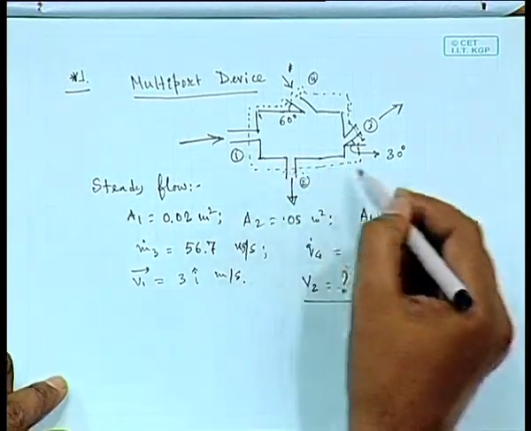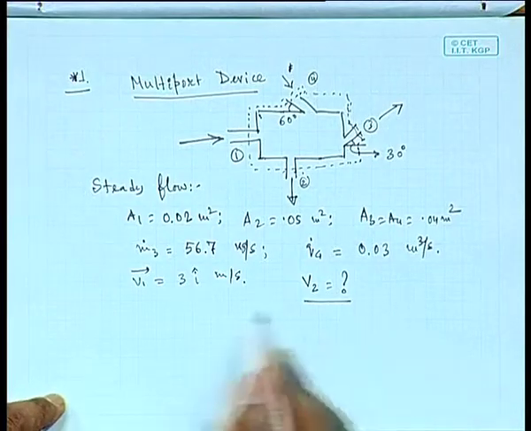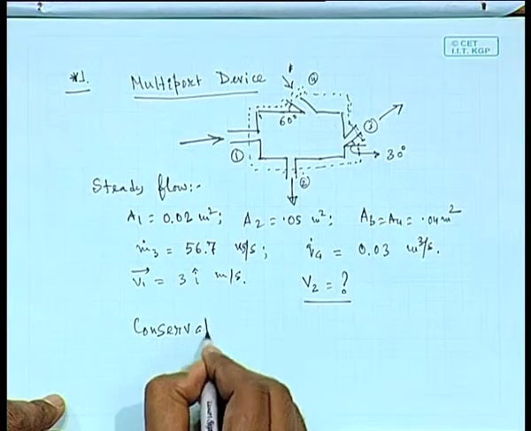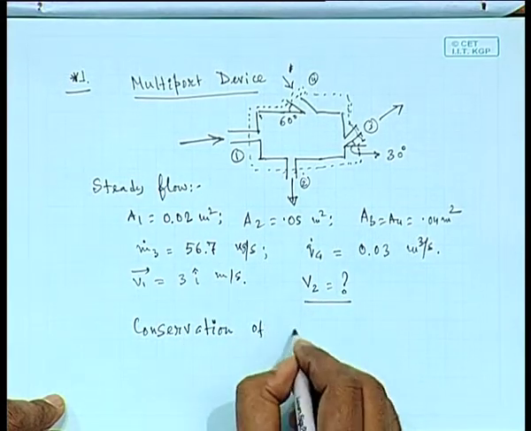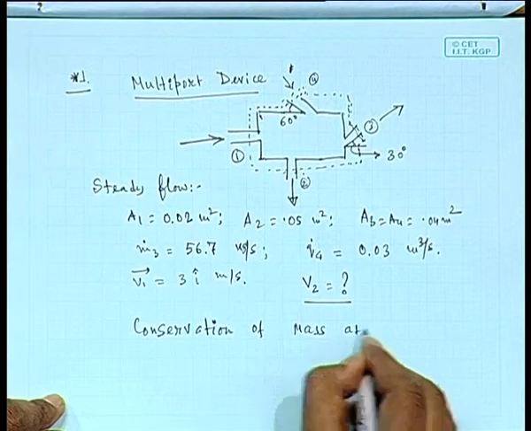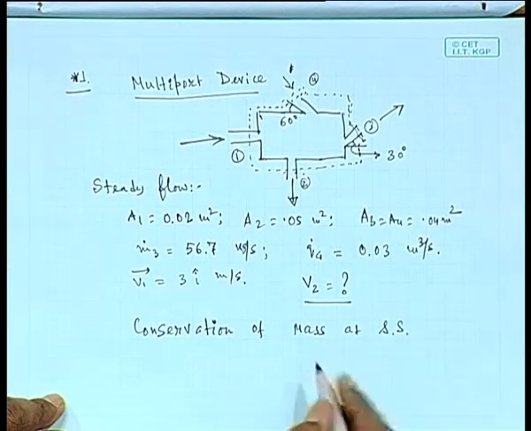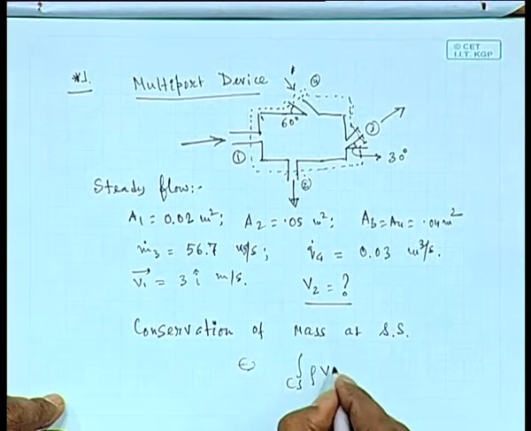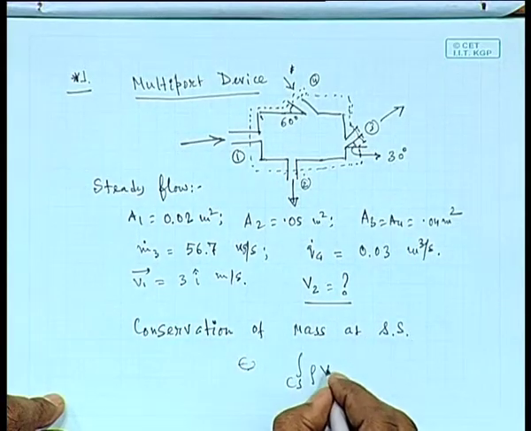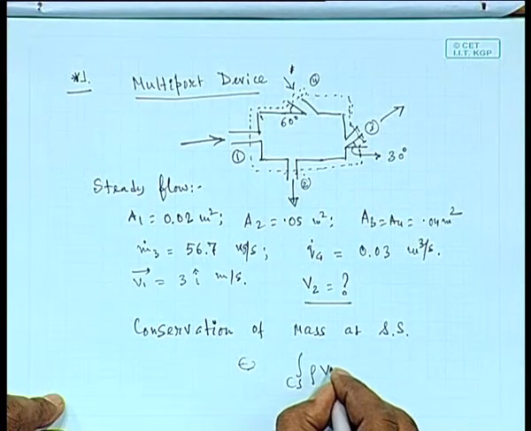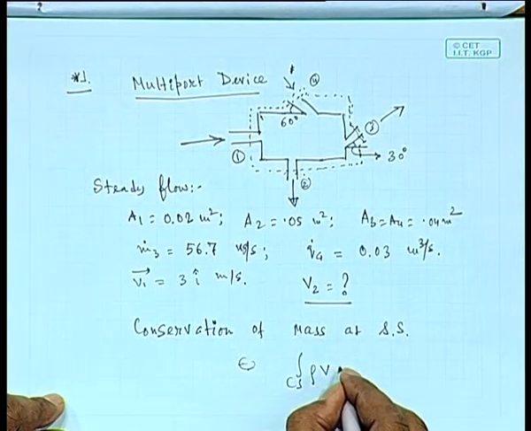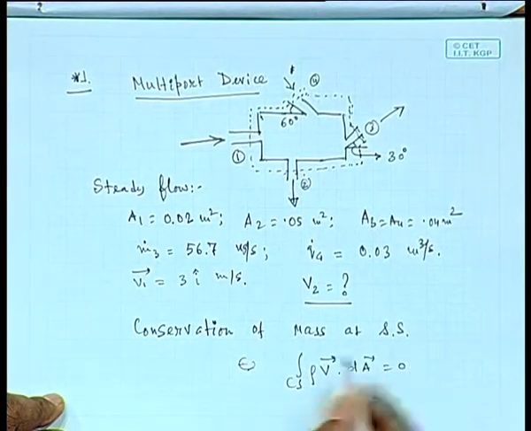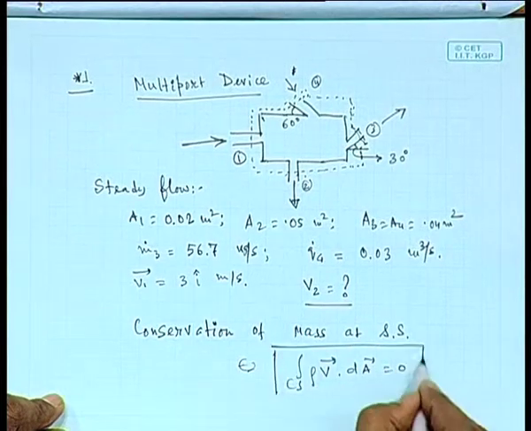Just take a control volume around this device and apply the overall conservation of mass at the steady state. The transient part will be zero. Okay.